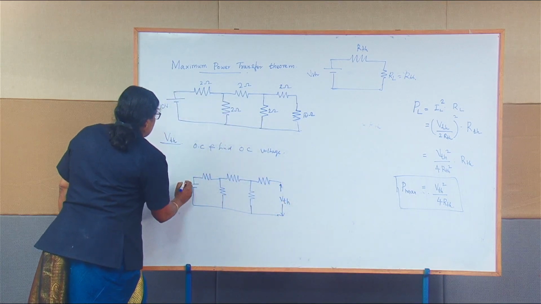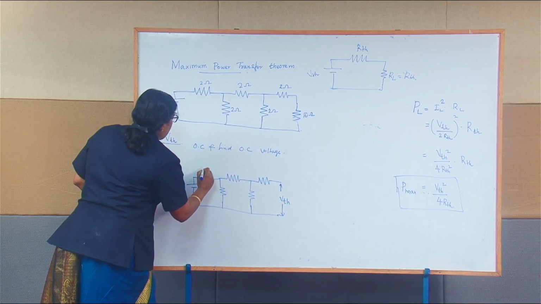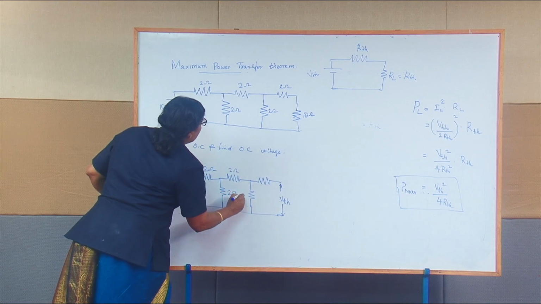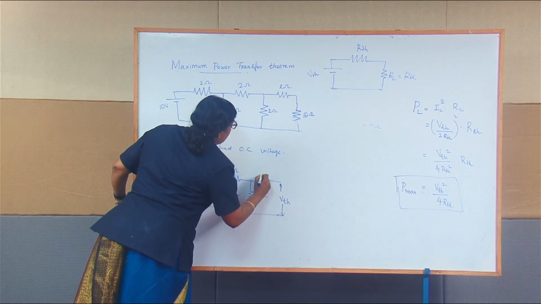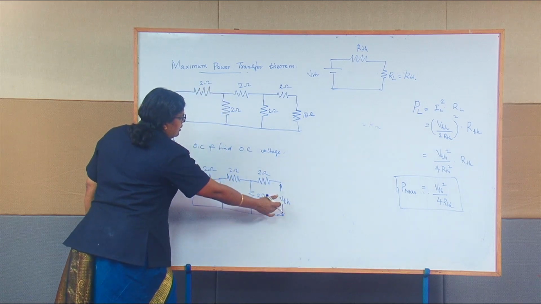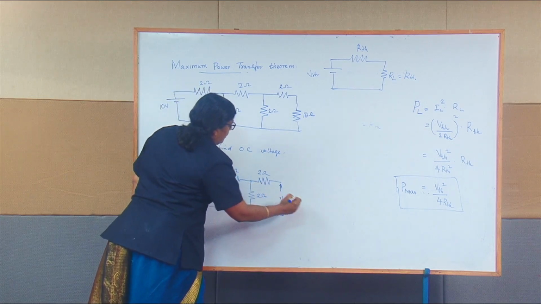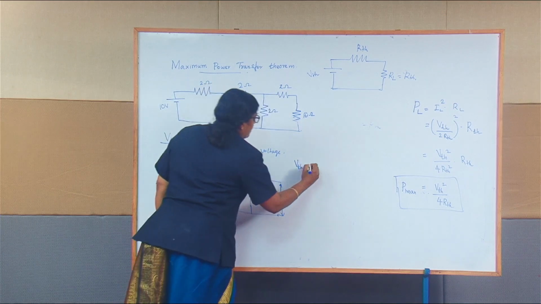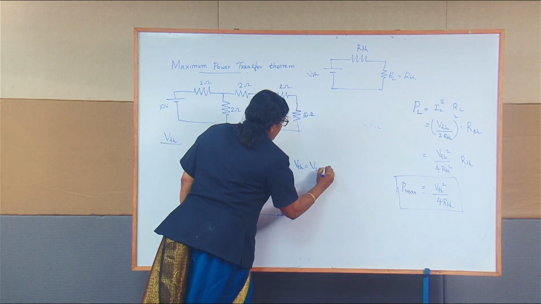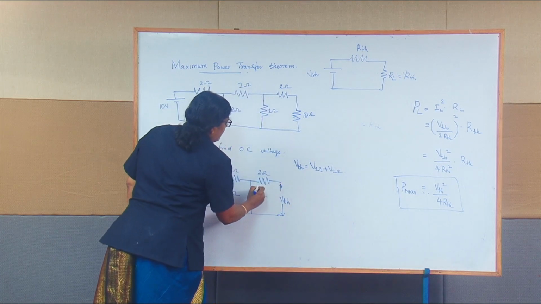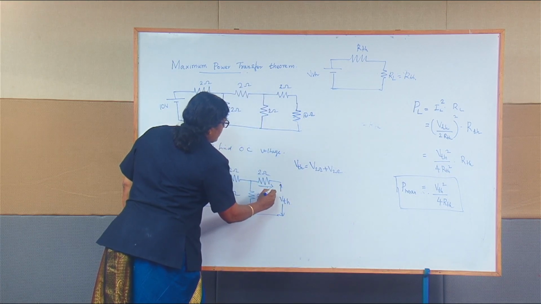So you have 10 volts, 2 ohm, 2 ohm, 2 ohm, 2 ohm, and the load circuit is open circuited. From here again you can say that V Thevenin is equal to the voltage across 2 ohm plus the voltage across 2 ohm. Since it is open circuit, the current is equal to 0.